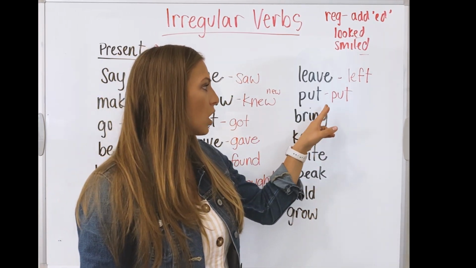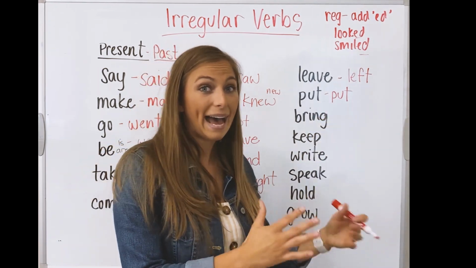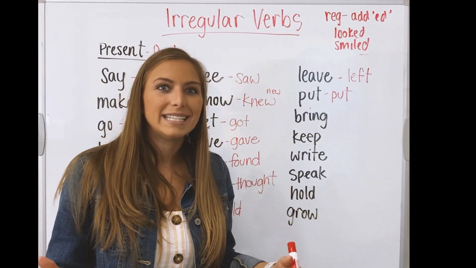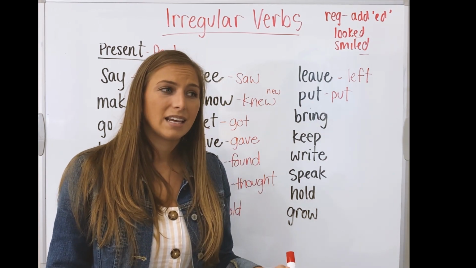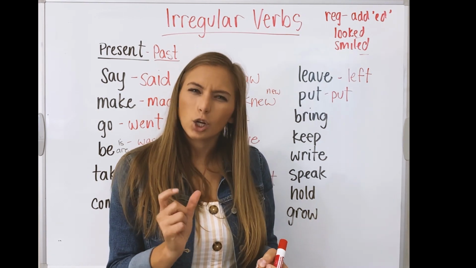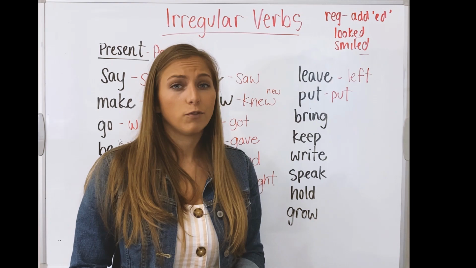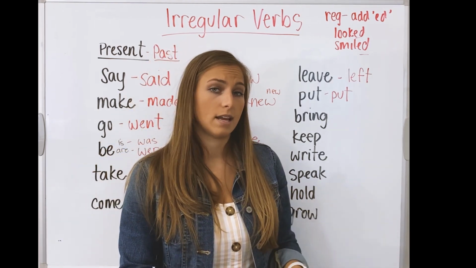So if you want to use put and talk about the past, you might need to indicate or tell us that it's past by saying yesterday or last week and include that in the sentence so people understand if you're talking about present or past tense.